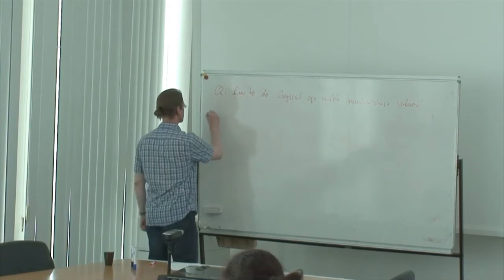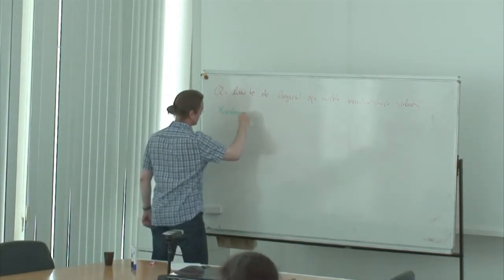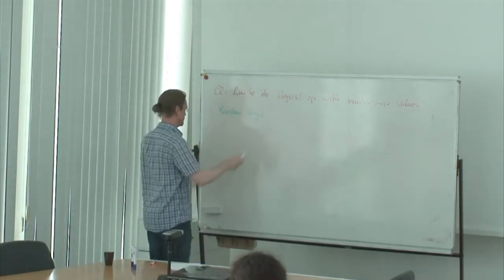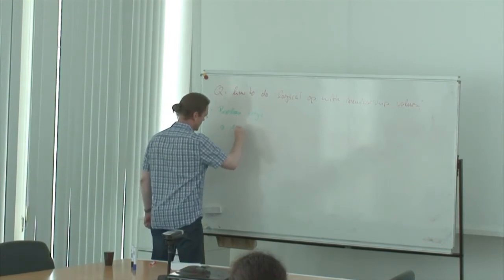So therefore, let's ever so briefly look at the basic operations of Boolean logic and how we typically do that. We have two variables, A and B, and we want to AND them.